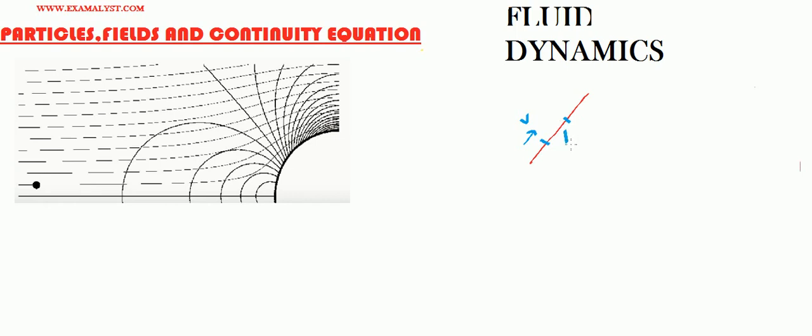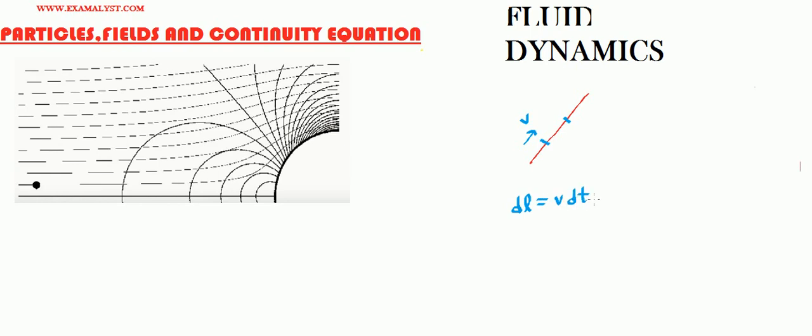In time dt, the distance covered by you is dl. So what is dl? dl, that is the distance covered by you in time dt, is equal to v into dt.